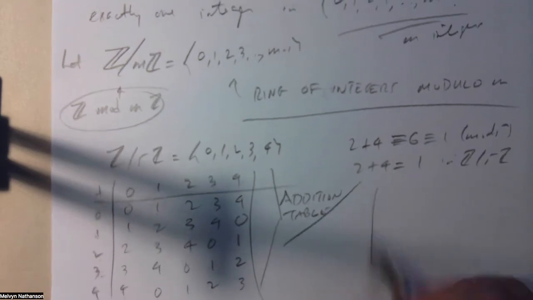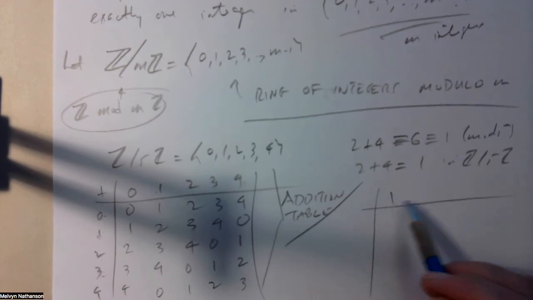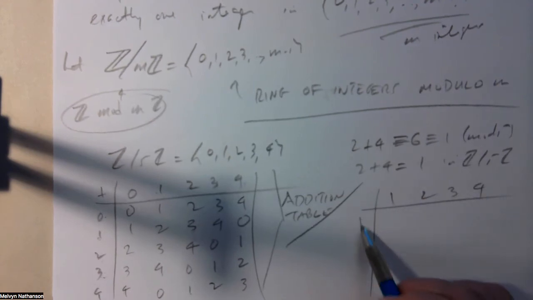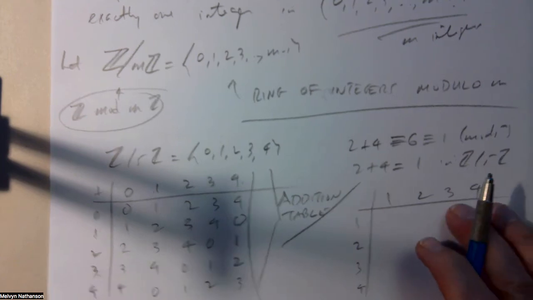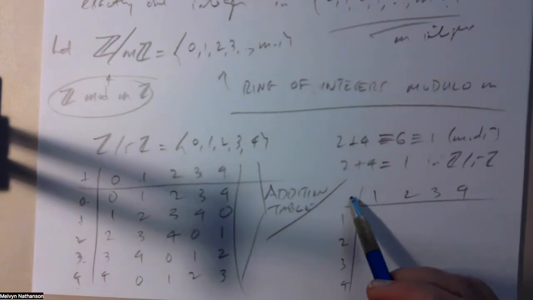And you can also have a multiplication table. 0 times anything is 0, so I'll just put down the positive numbers, 1, 2, 3, and 4.